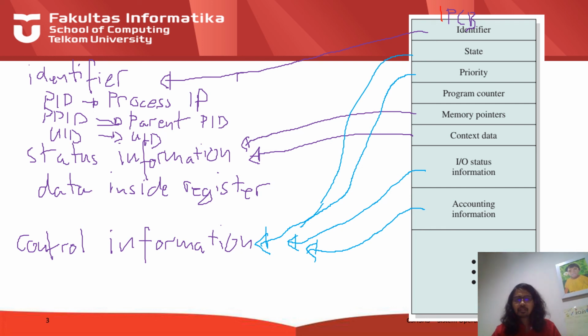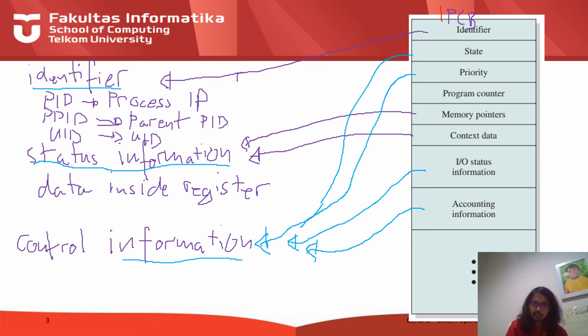So that's the three main parts of the PCB: the identifier, status information, and the control information.